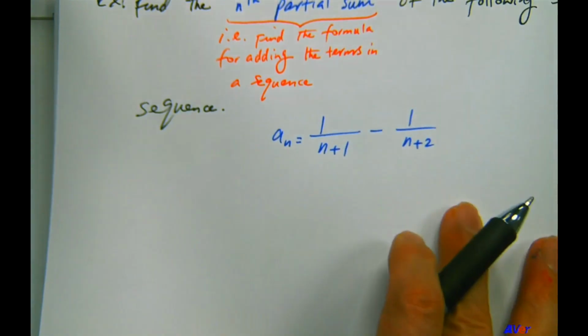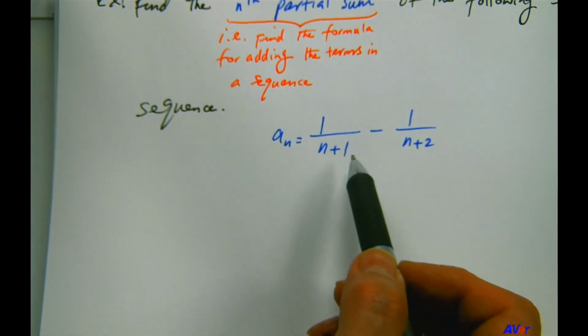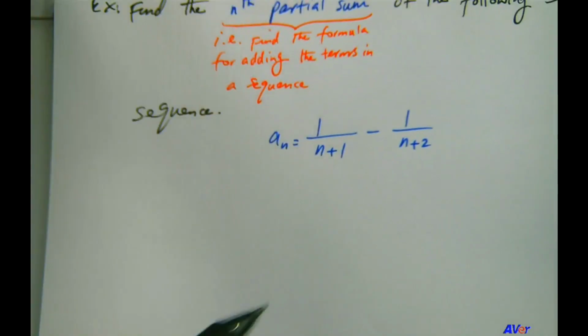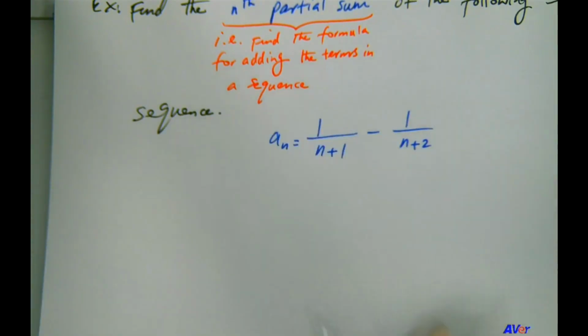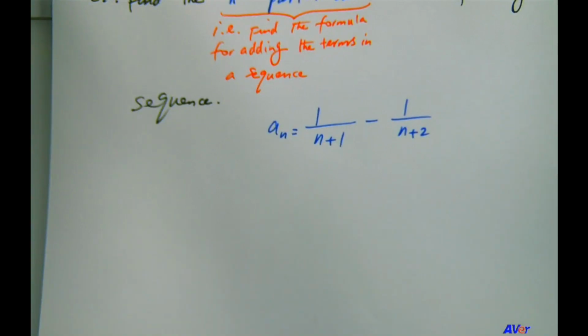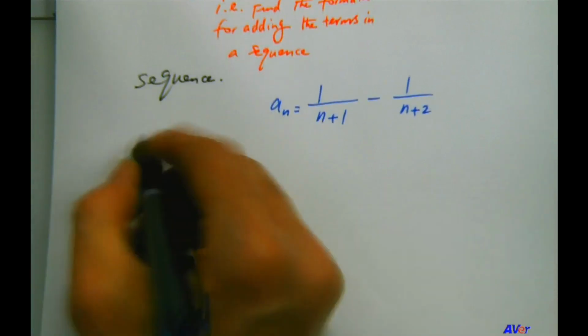Whenever you have the nth term of a sequence given to you, to find the partial sum, first list the first few terms of the sequence. Because we are given none of that, we need to generate them. So let's generate the first 3 terms of this sequence. Okay, that's easy.